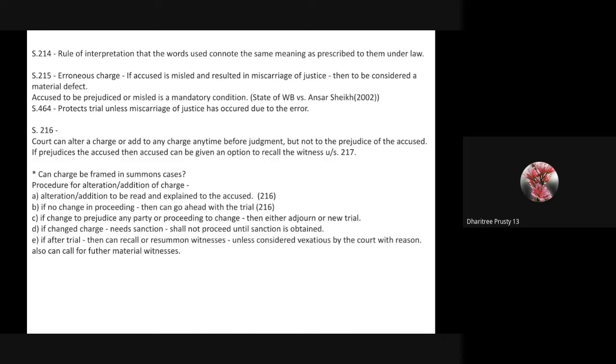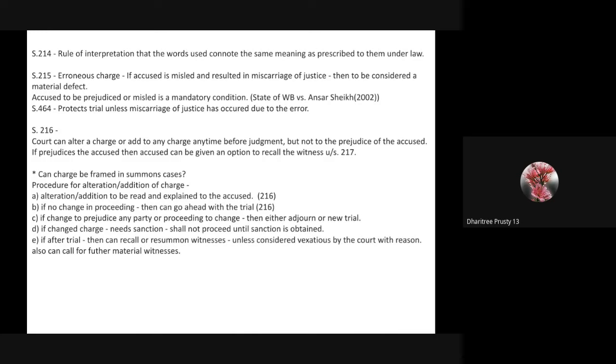That is, if the accused is misled by such an erroneous charge and there results a miscarriage of justice, then it will be a material defect and the entire trial may be vitiated. Under section 464, if it is a material defect because it has resulted in a miscarriage of justice because of the erroneous charge, then it will be fatal to the case.